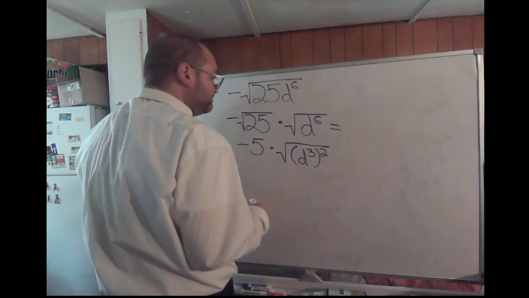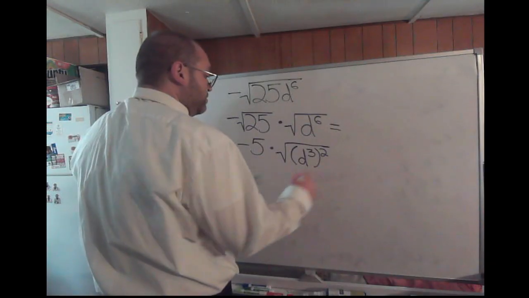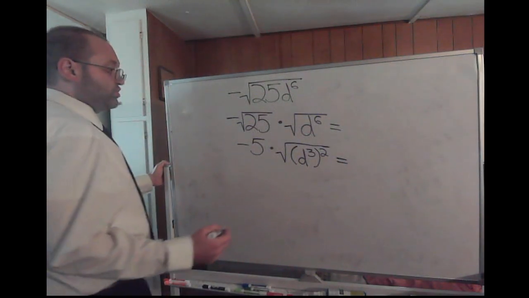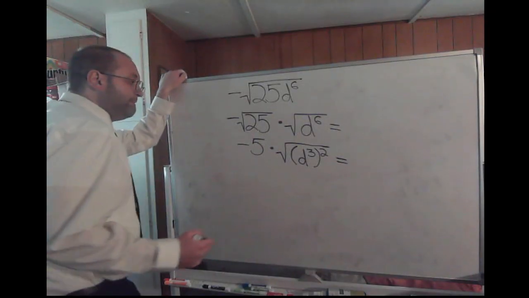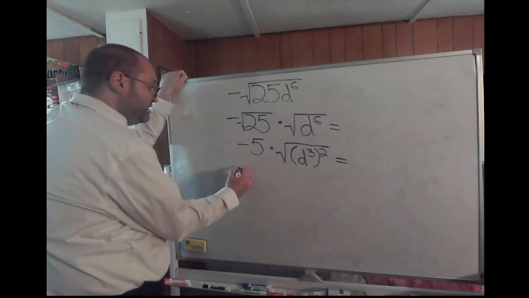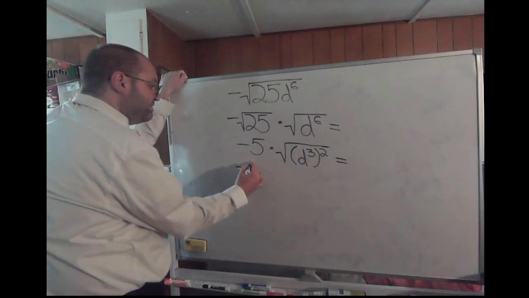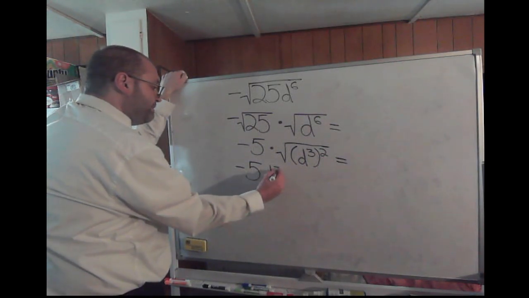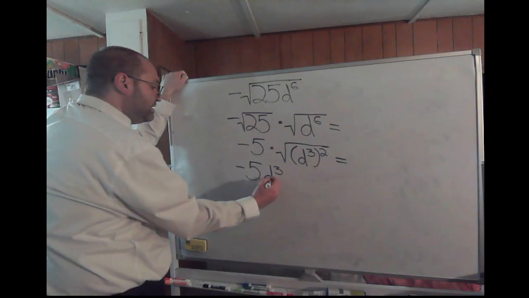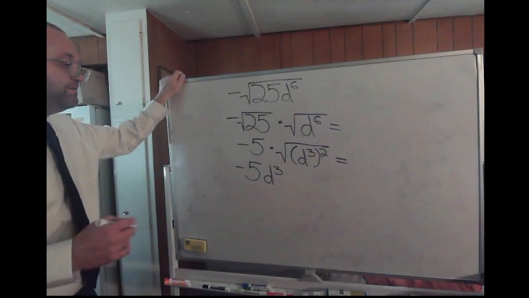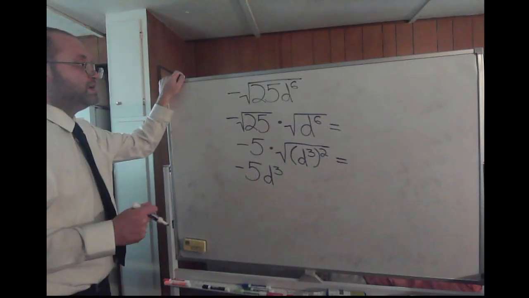Well, what you'll end up doing is having negative 5 times d to the 3rd. That's what you would end up getting, negative 5d to the 3rd.